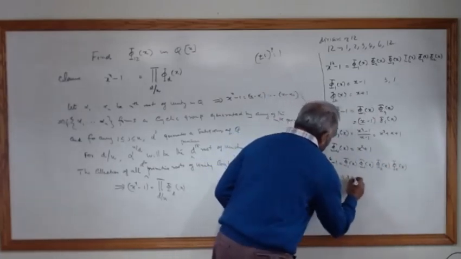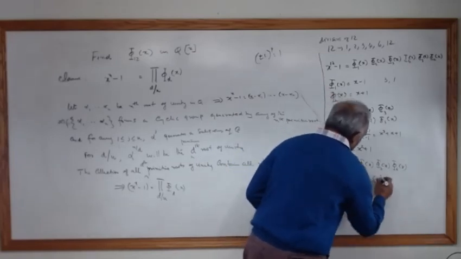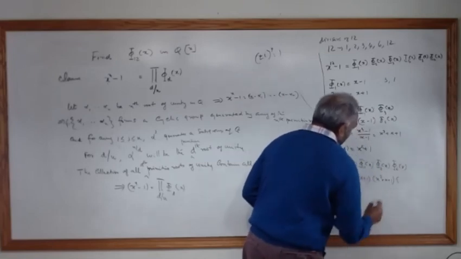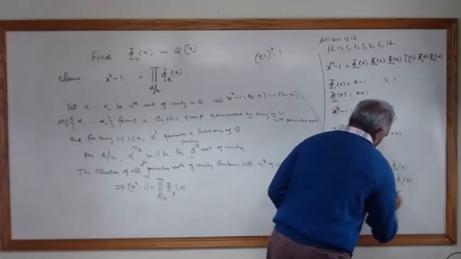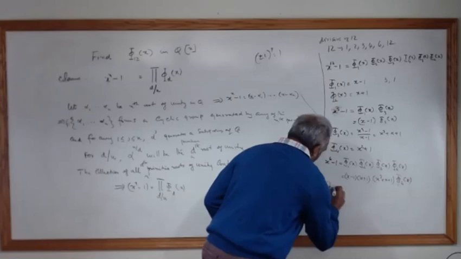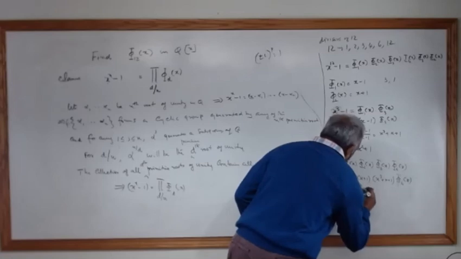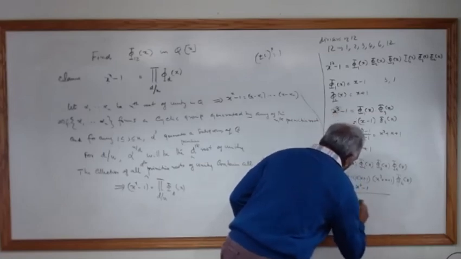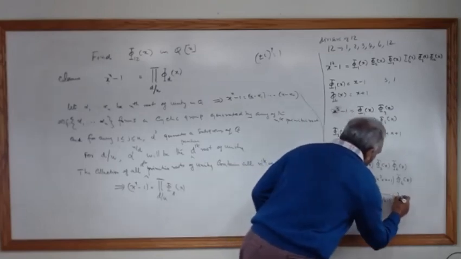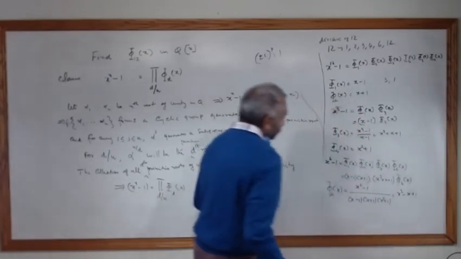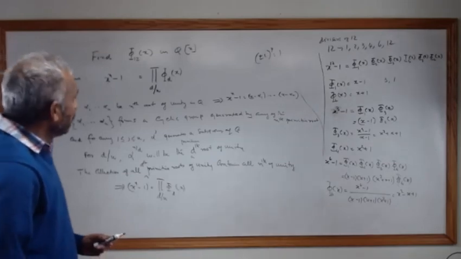And this is x minus 1, x plus 1, this is x square plus x plus 1, and this is phi 6 of x. So phi 6 of x is equal to x to the power of 6 minus 1 divided by x minus 1, x plus 1, x square plus x plus 1, and if you compute, that will be x square minus x plus 1.